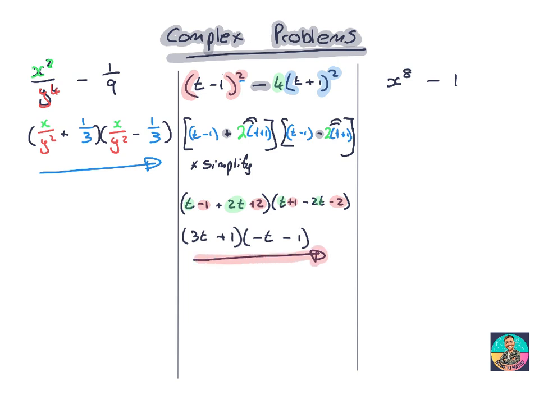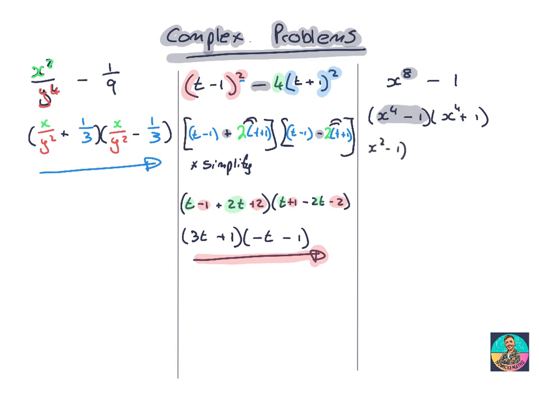Right, and the last one, not too difficult, but just showing you how difference of squares can happen multiple times. So here we've got ourselves a little power of 8. So that means my first bracket will be x to the 4 minus 1, x to the 4 plus 1. Now, this again has two terms. It has an even power and it has a minus, which means that will go again into a difference of squares.